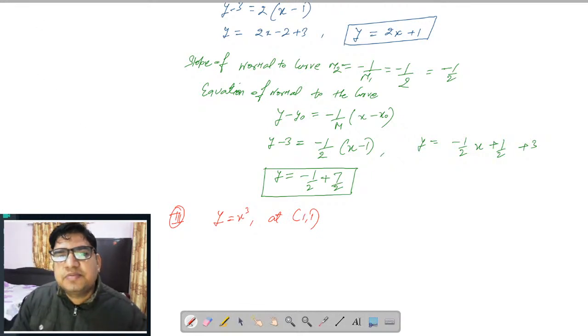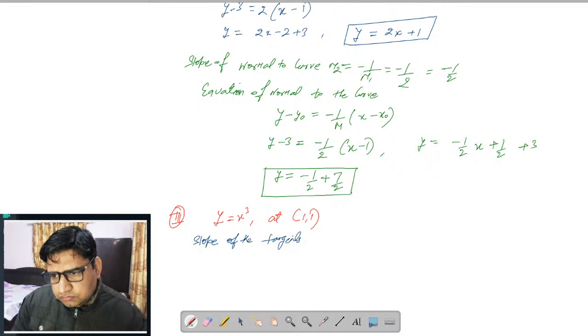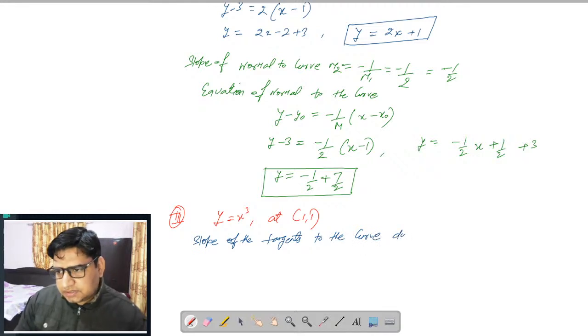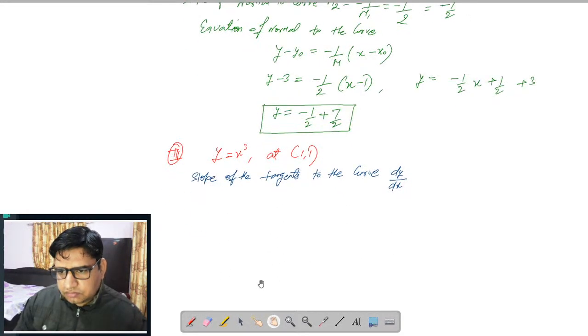Now what will we do in this? The slope of the tangent to the curve, as we know, is dy by dx. And dy by dx is nothing but d by dx of y.